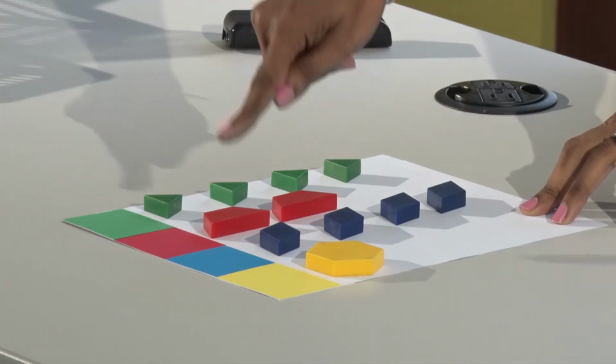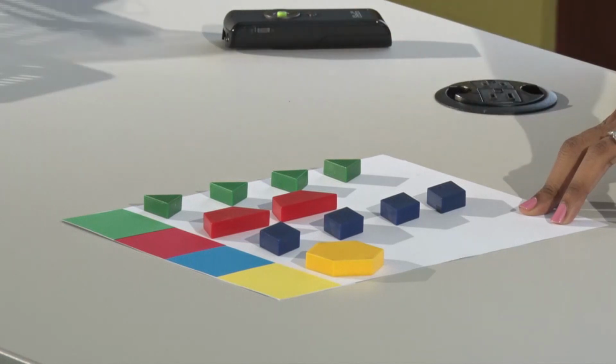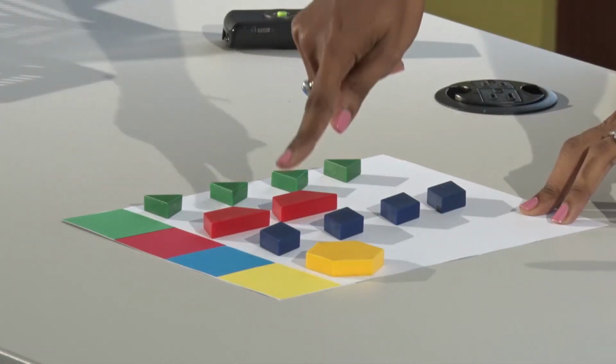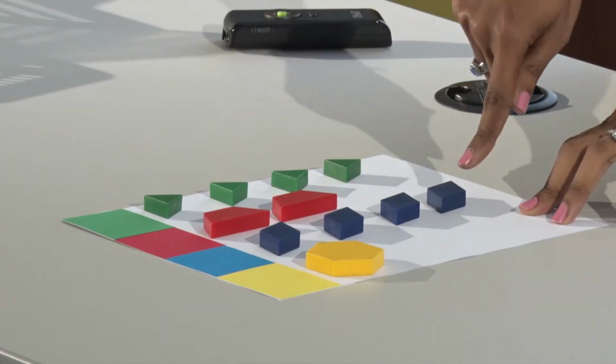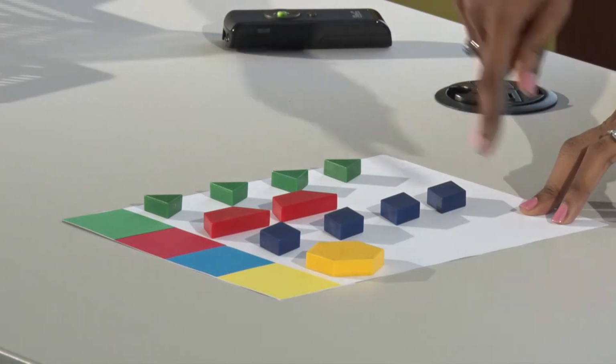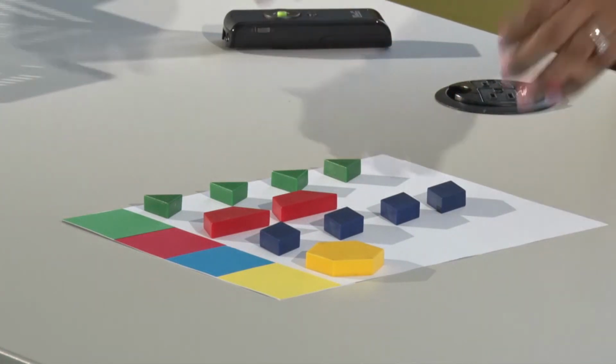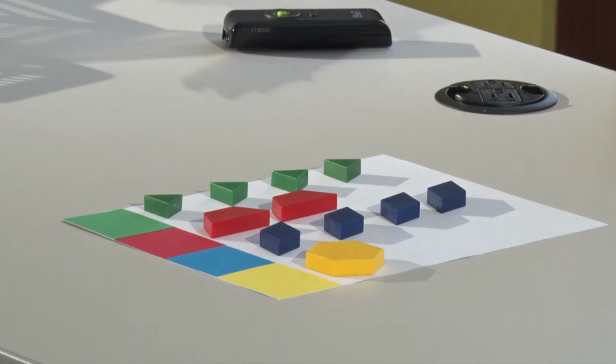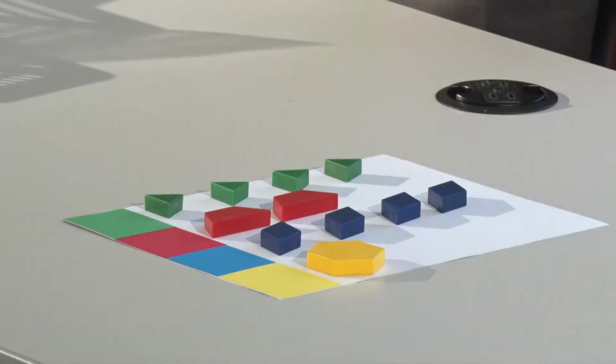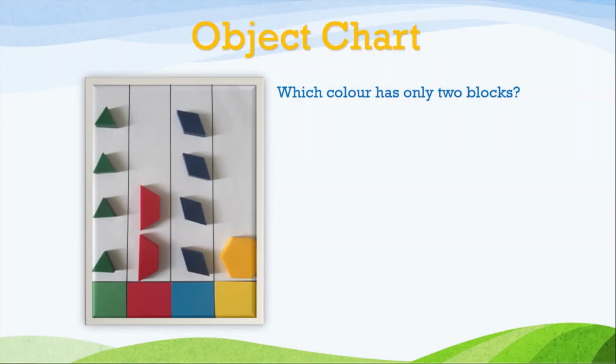Red, 1, 2. Let's continue checking. Blue, 1, 2, 3, 4. And yellow, 1. So which color has only 2 blocks? Did you say red? You are correct.